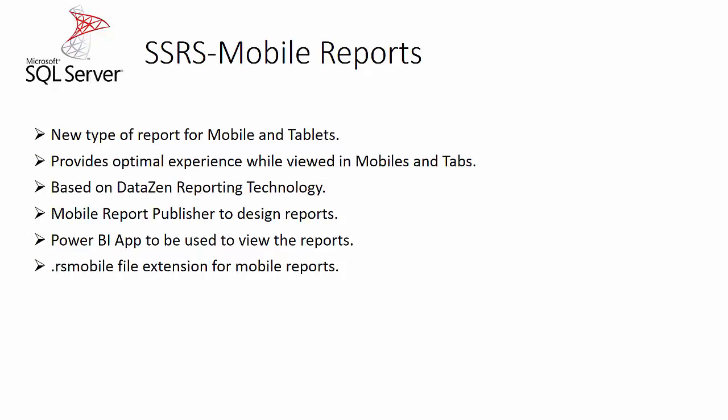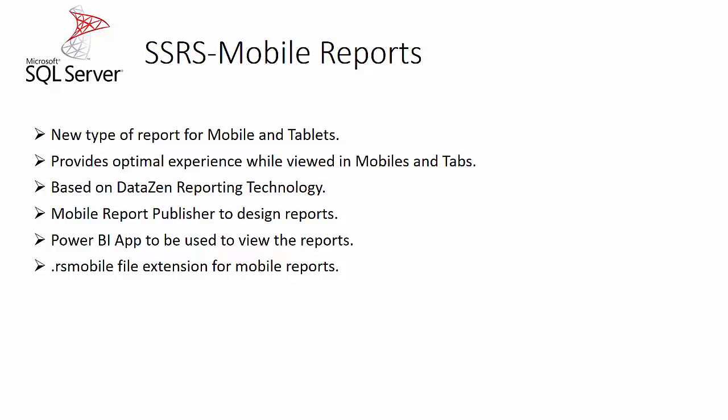This app is available for Windows Mobile, iOS, Android, all the versions, and it can work on tablets as well. Also, in the Windows 10 store we have a Power BI app which can be downloaded and installed on our desktop itself.